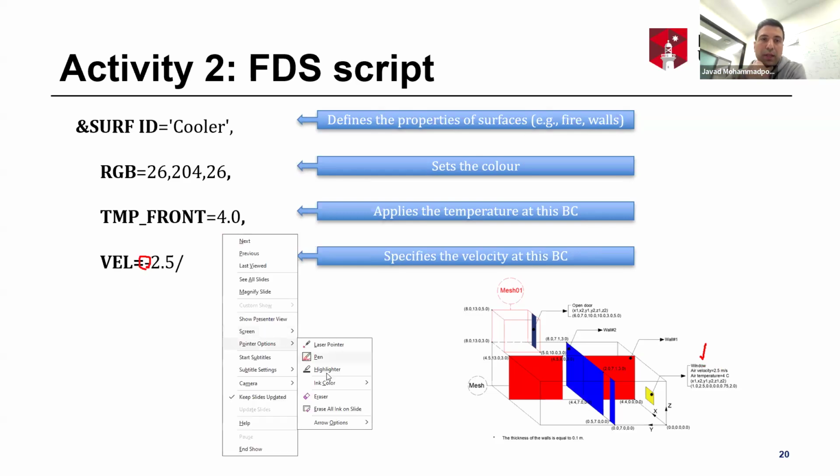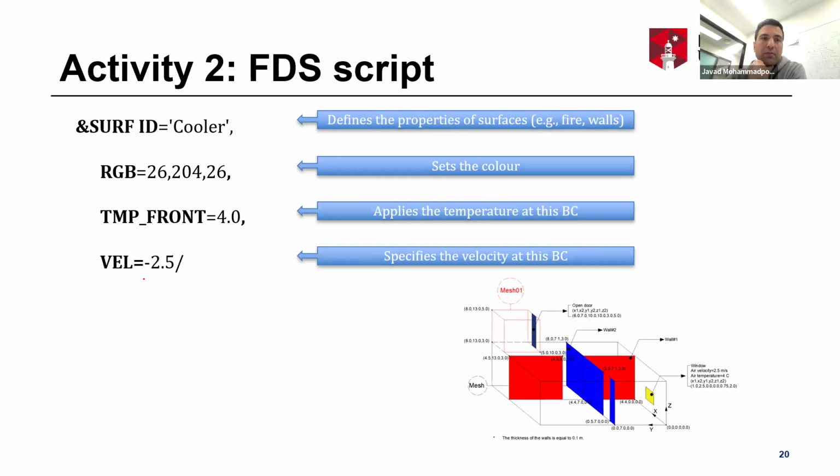Let me just remove that. So this minus shows that the flow is coming into the building. You need to consider this minus. So now we have defined one of our boundary conditions.